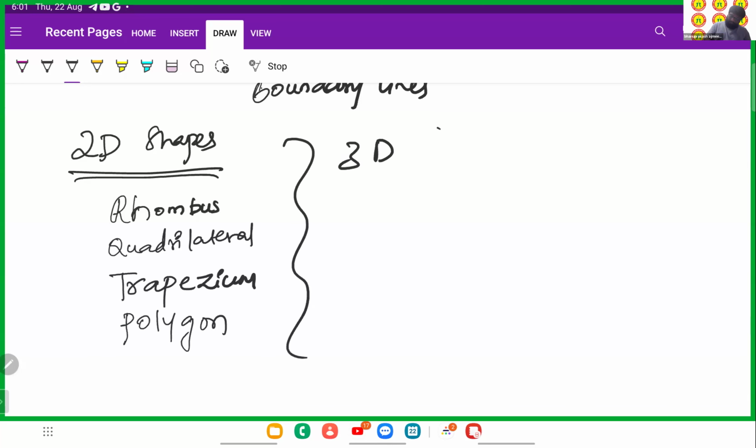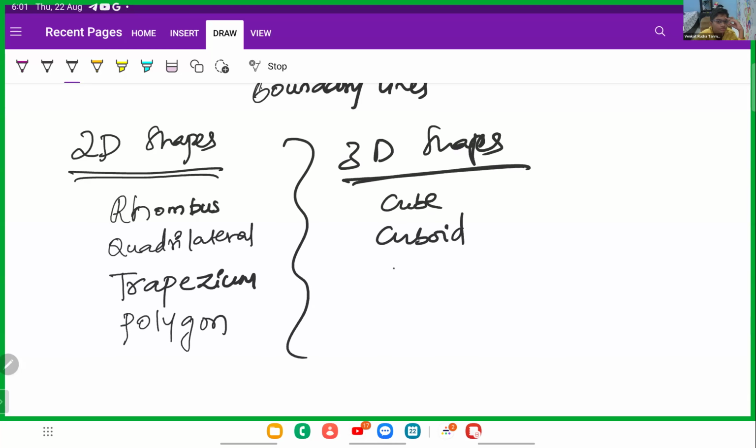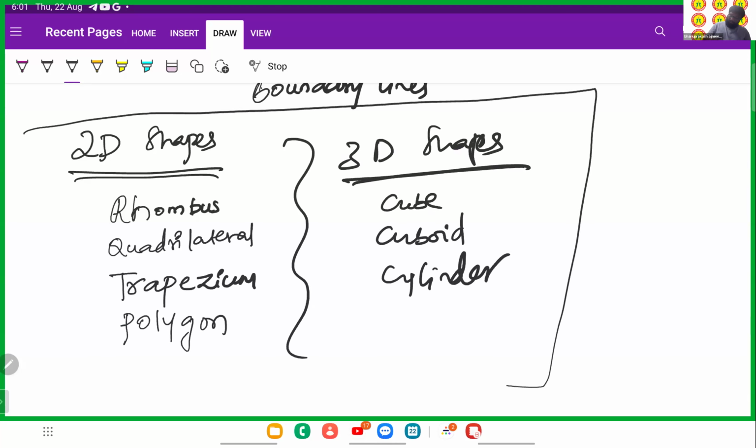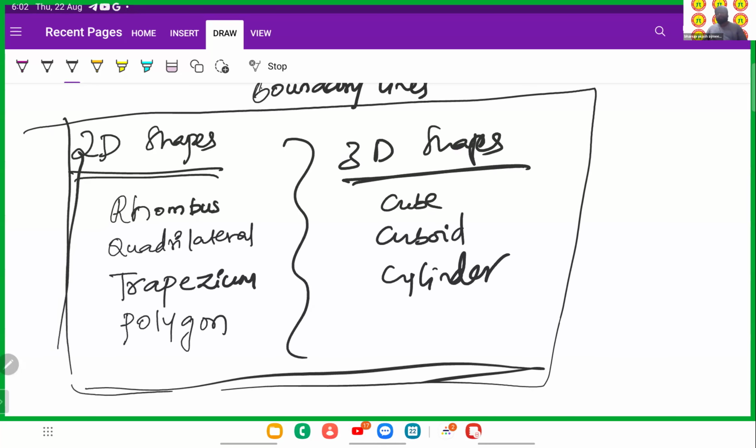And 3D shapes, as I already told you, cube, cuboid, cylinder. So these will be the topics to be discussed in the next coming class.